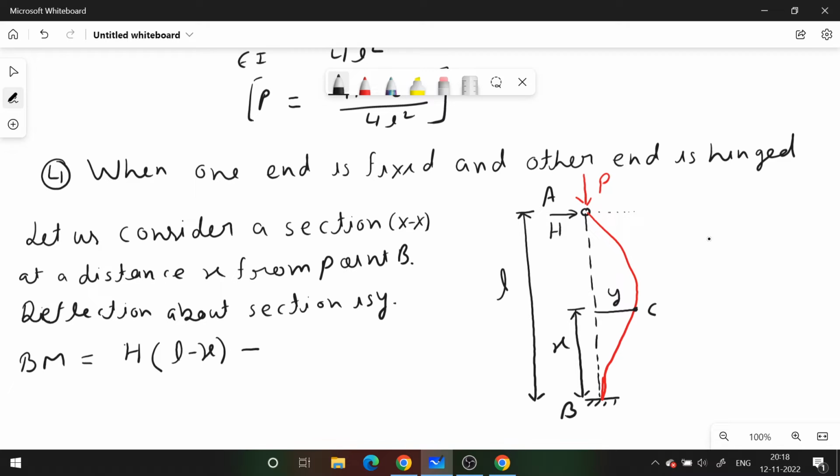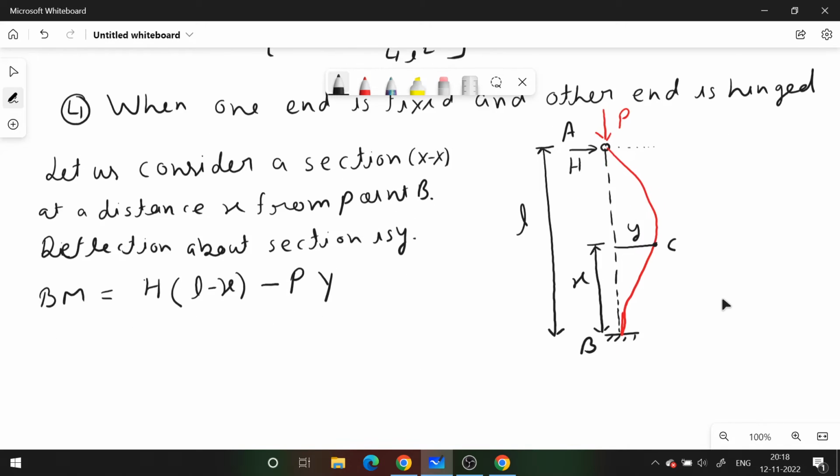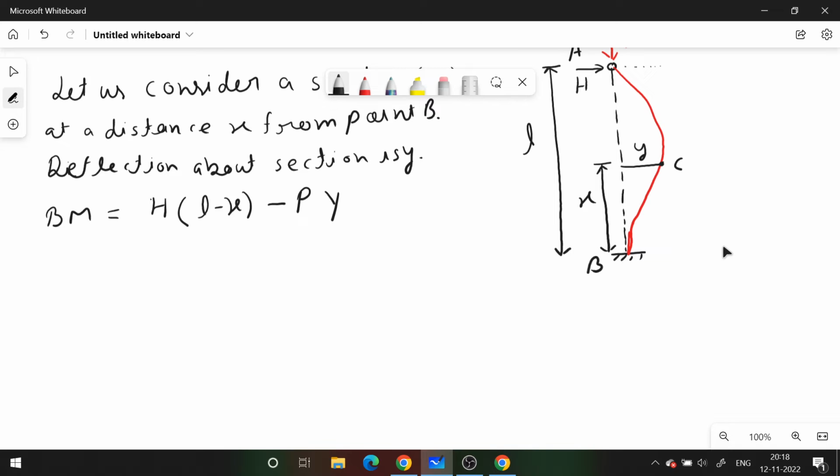Load P will develop an anti-clockwise moment about the point C, so it will take negative moment and it is equal to minus Py. So total bending moment about the section will be H(L minus x) minus Py. And as we know that the bending moment is equal to EI d2y/dx square, if total deflection about this section is y, it will be equal to H(L minus x) minus Py.